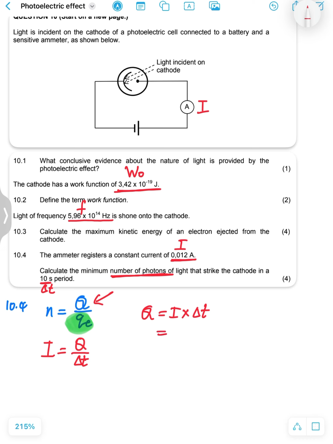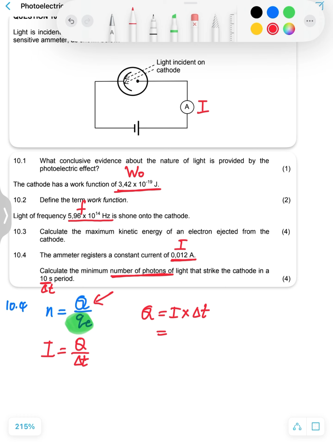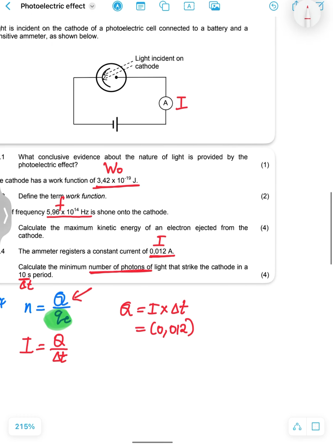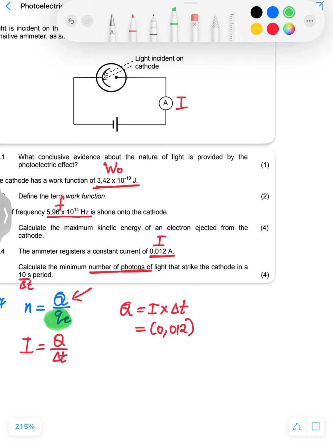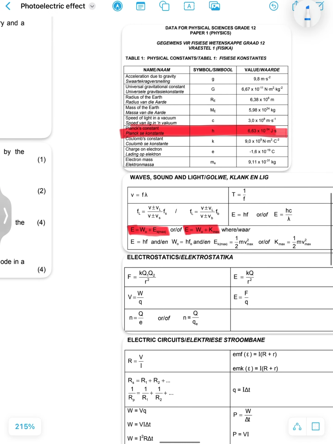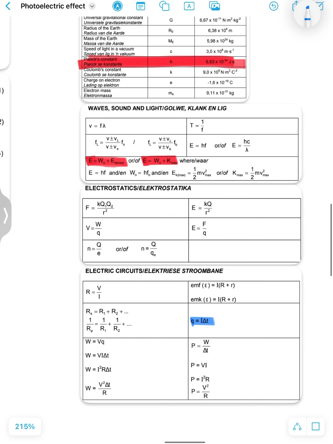So we have the current, which is 0.012. By the way, this formula here is given in your formula sheet. You have it.